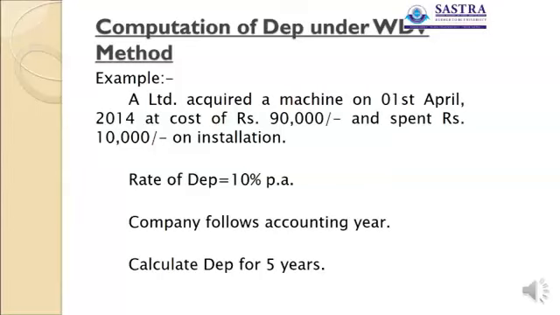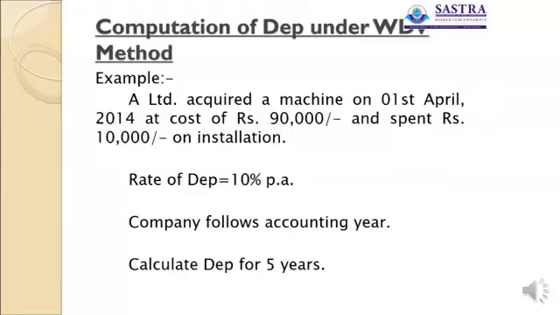So first year 10,000. So the balance is 90,000. And second year 9,000, so the balance is 81,000. And third year 8,100. So what is the balance? 72,900. So 7,290 is the fourth year.